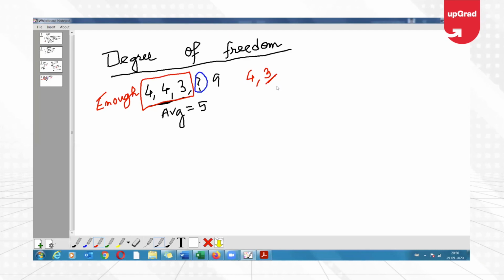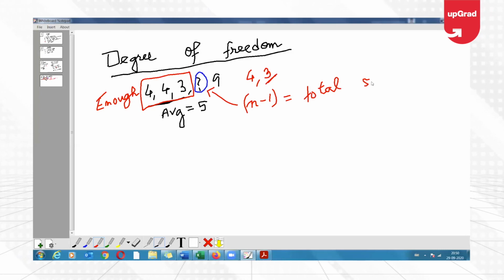So my degrees of freedom is n-1, where n is the total number of samples. However, is it always n-1?